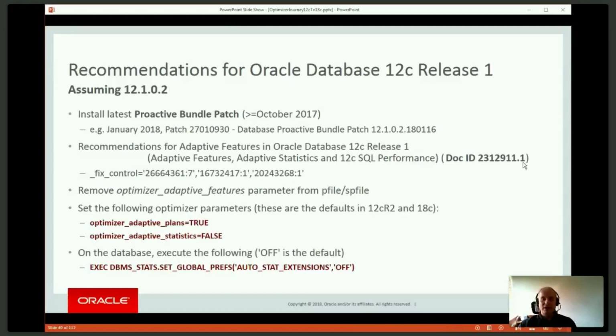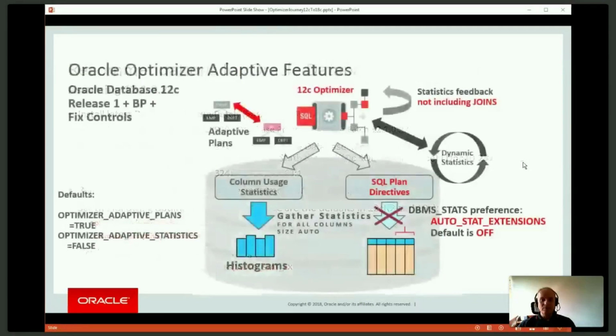So the parameters in 12C Release 2 will become available in database 12C Release 1. Essentially what that means is your 12C Release 1 will behave like 12C Release 2 in terms of the adaptive features. This is what it looks like with 12C Release 1, bundle patch, and active fixed controls.